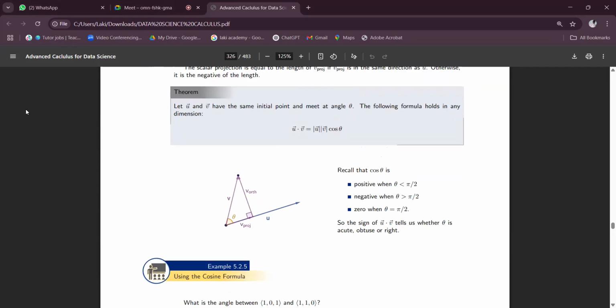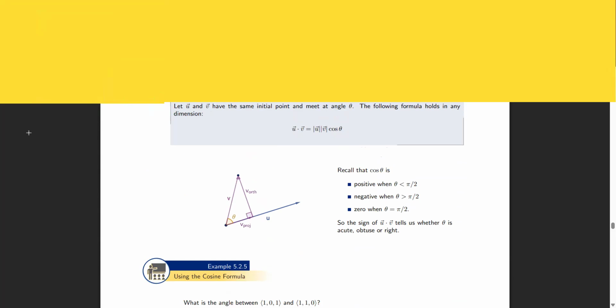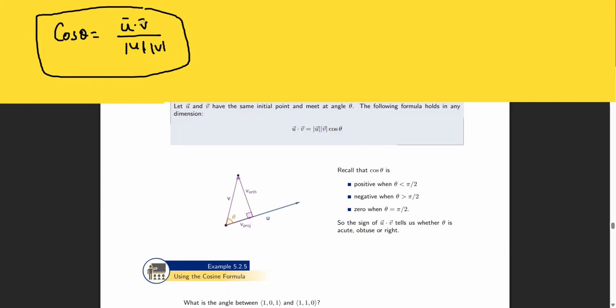It's very important. All the derivations come from this formula: cos theta is equal to u dot v divided by mod u mod v. This is very important.